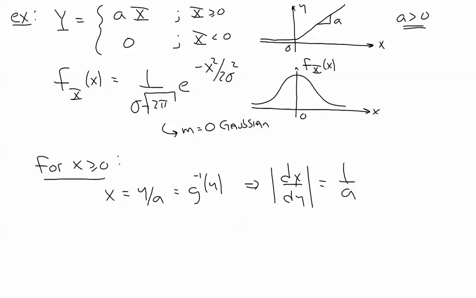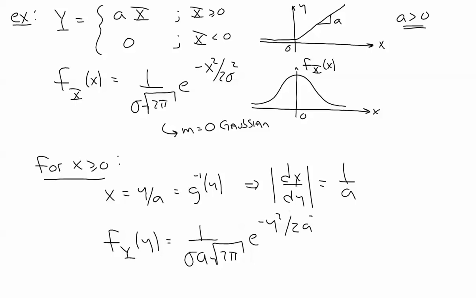All right, so for the x greater than or equal to 0 range, I simply have that my probability density function is 1 over sigma a square root of 2 pi e to the minus y squared over 2a squared sigma squared.